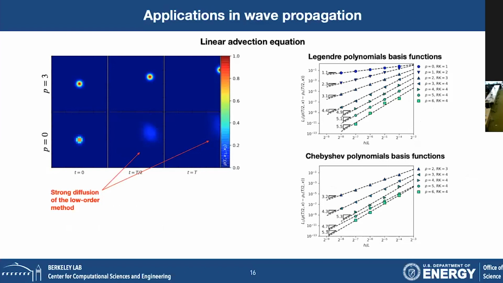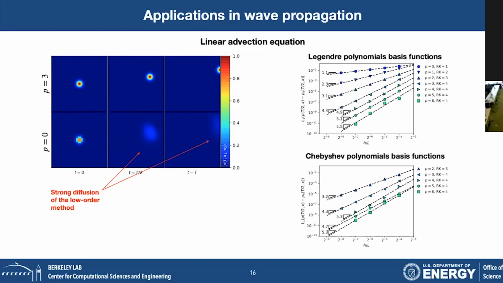Here on the right, you see the solution of the linear advection equation. You can notice the effect of using the same grid, a 32 by 32 grid, with different orders of approximation. If you use a low order method, you have a very strong diffusion, and if you need to track this kind of wave in a sharp way, you need a much, much finer grid.